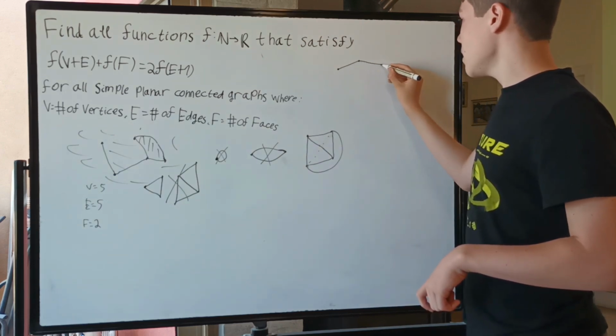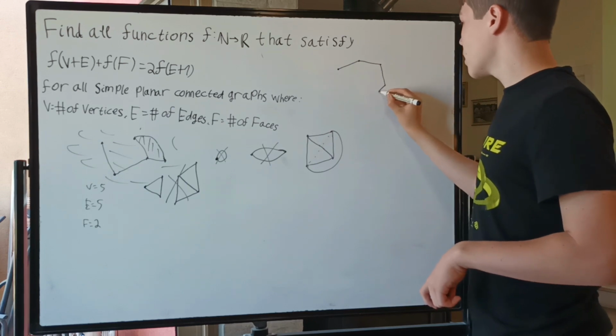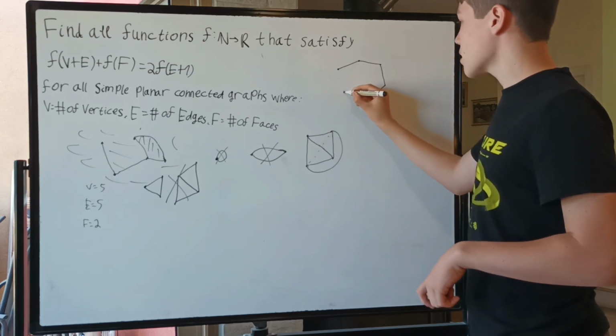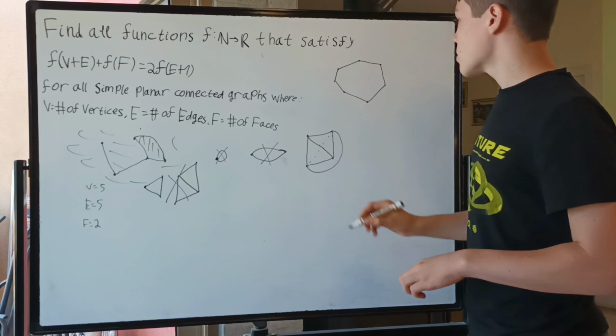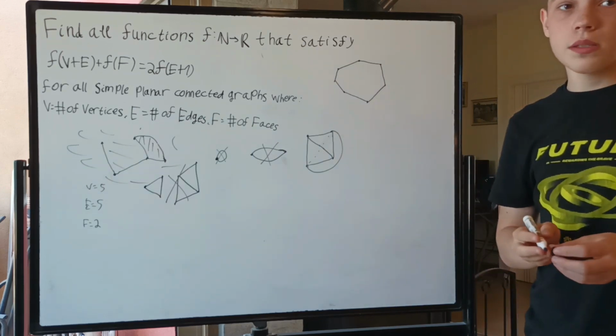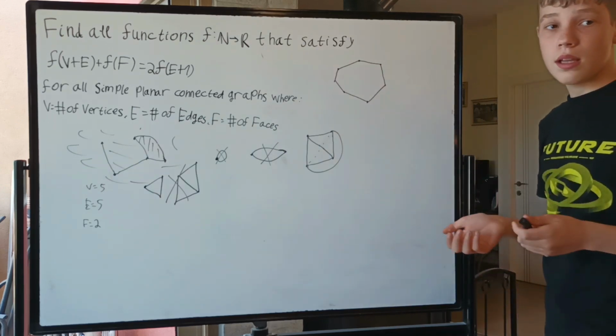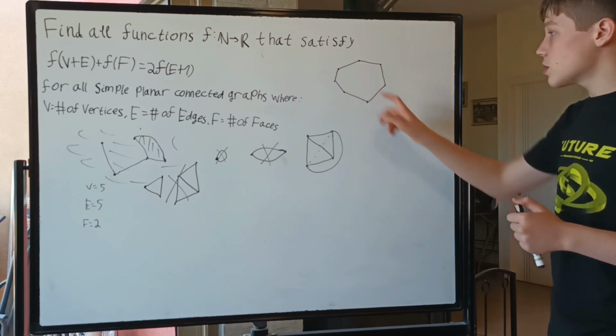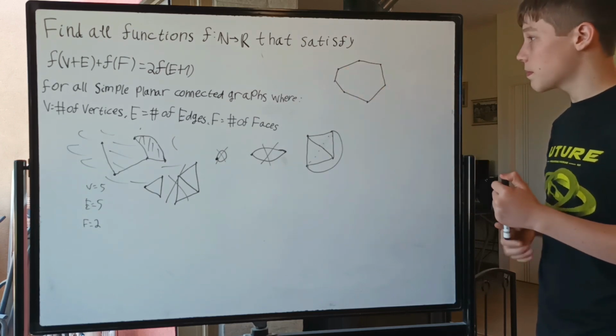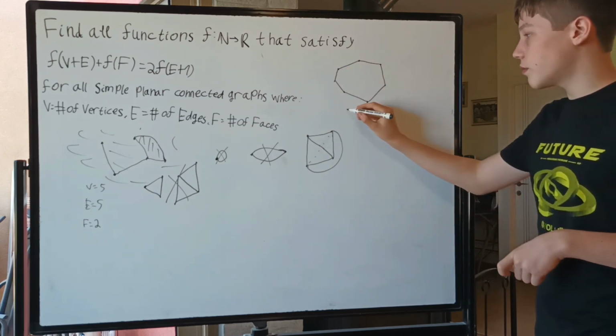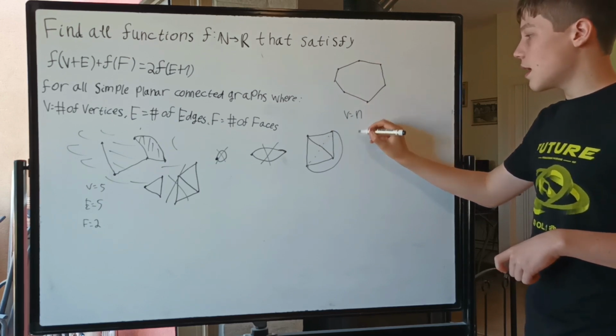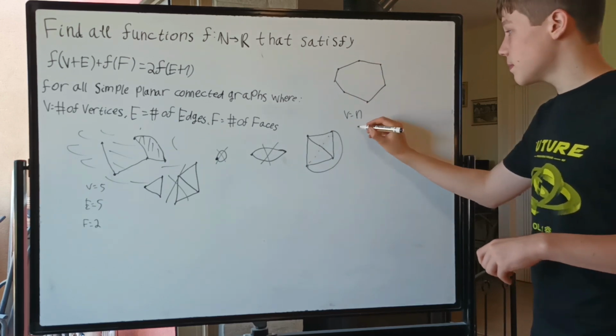It's going to be this sort of graph. Here specifically I have 7 points, but generally I'm going to take n points, just n points in a circle. So we defined n vertices.